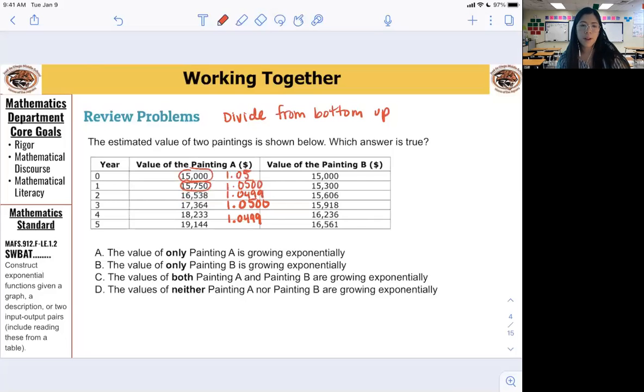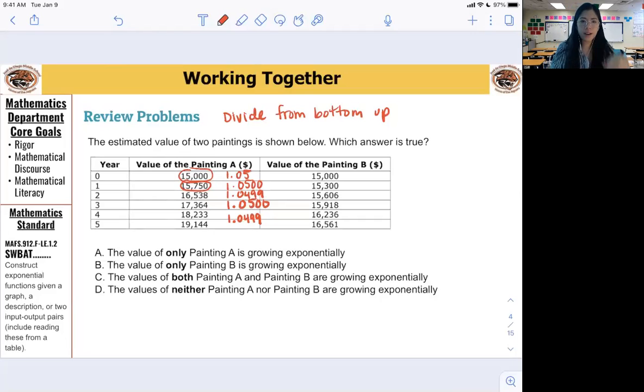So I went all the way from the bottom to the top. Just divide, divide, divide, divide, divide. Do I end up with a constant percent or a constant rate of growth? What do you guys think? Are these numbers close enough? Do they round to the same number?